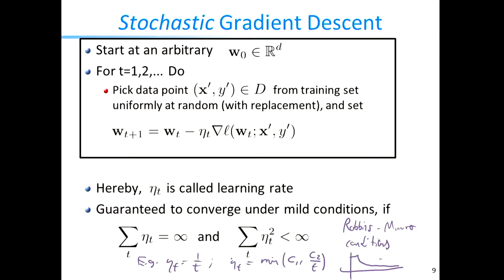It's a long discussion about what the right learning rates are, but typically you want to set the algorithm so that at least asymptotically you do converge. You keep letting the algorithm run until the error is small enough, and these conditions allow you to achieve this.